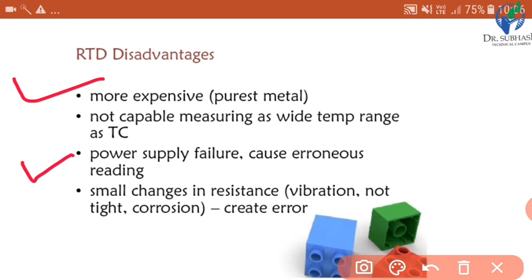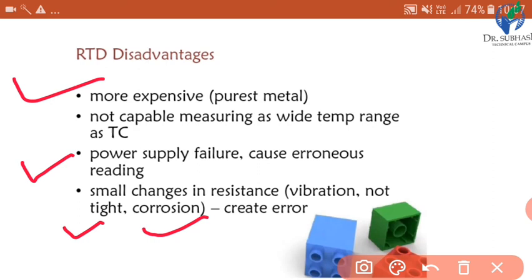Small changes in resistance. Due to vibration, loose connections and corrosion, there are small changes in resistance, and this may create error.